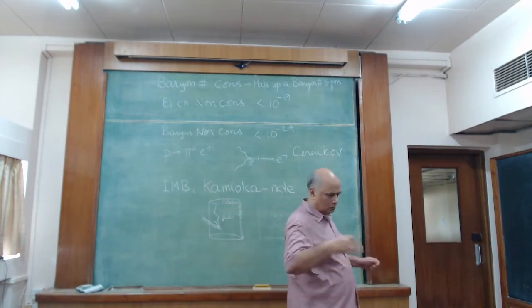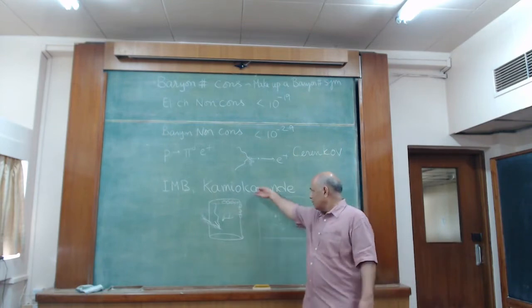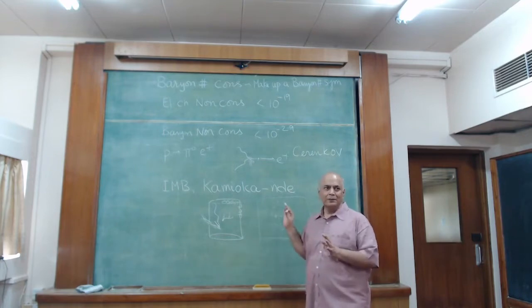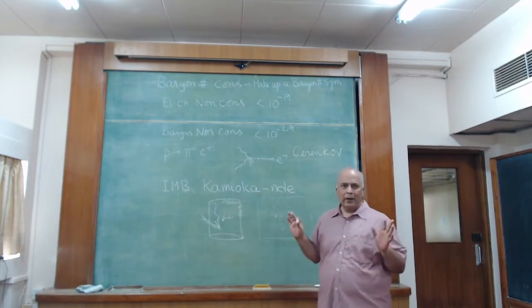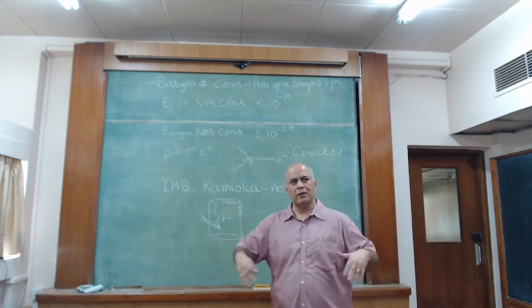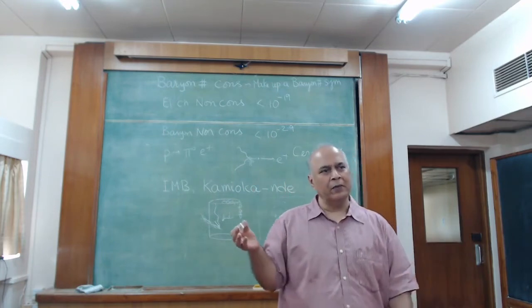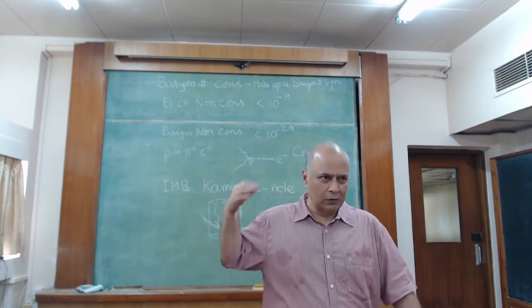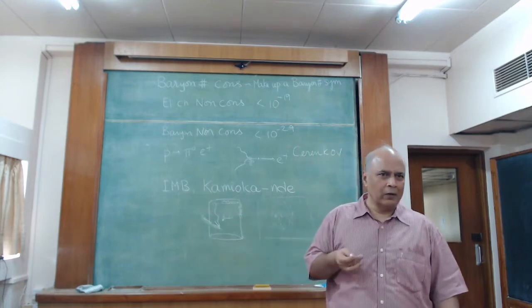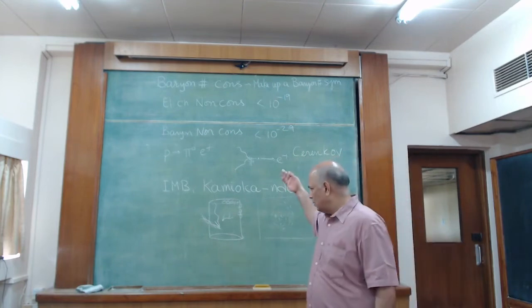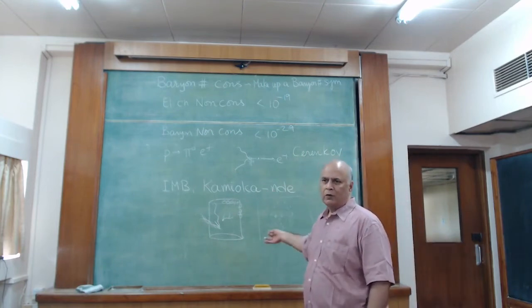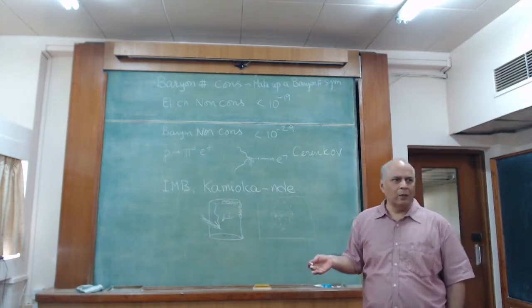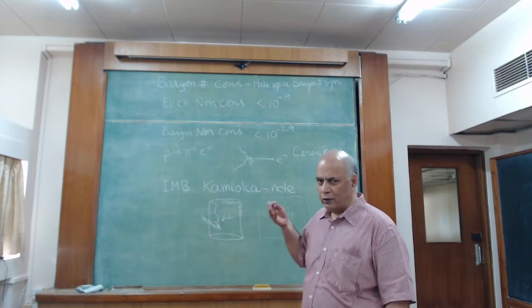So the terminology that Kamiokande uses is sharp ring and fuzzy ring, and a sharp ring has very high probability of being a muon, and a fuzzy ring has very high probability of being an electron. And I believe this is one of the earliest examples in particle physics where they constructed a neural network.